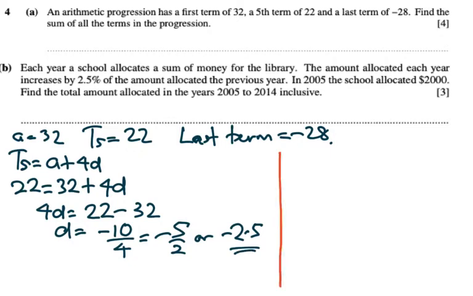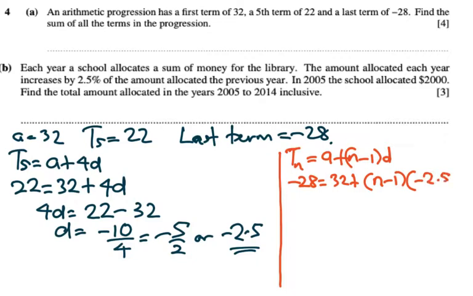Next, it's given that the last term is negative 28. I don't know how many terms there are, but the last term is negative 28. So let's find out how many terms. So t n equals a plus n minus 1 d. The term value is negative 28, a equals 32, plus, I don't know n because that's the last term, so n minus 1 times negative 2.5.